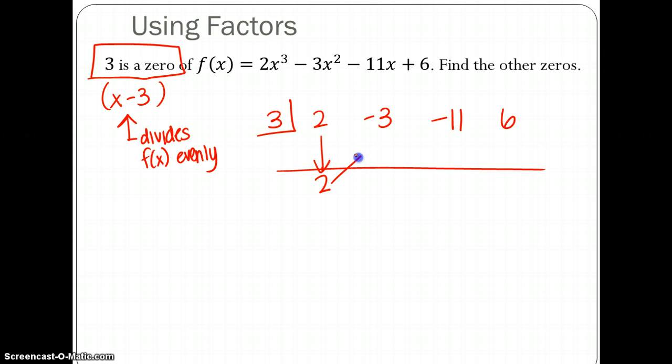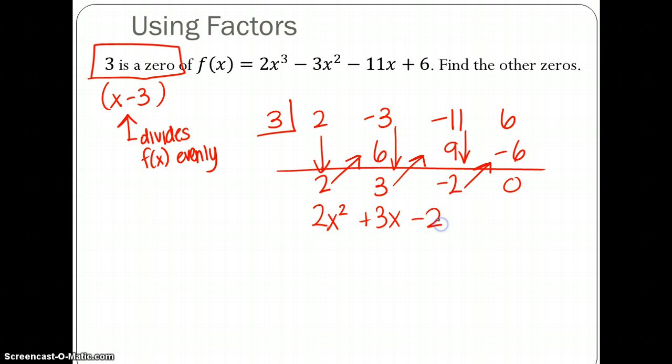Bring down the 2, multiply, add negative 3 and 6, multiply, add negative 11 and 9, and then multiply to get negative 6. So we see our remainder is 0. We've verified that 3 is a root. It says to find the other zeros. So what we're left with here is 2x squared plus 3x minus 2.